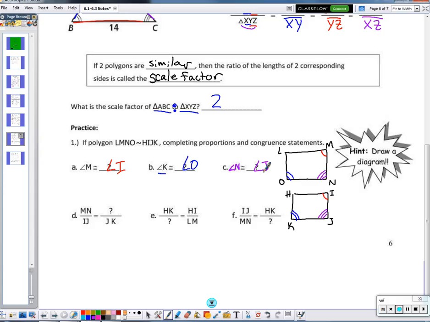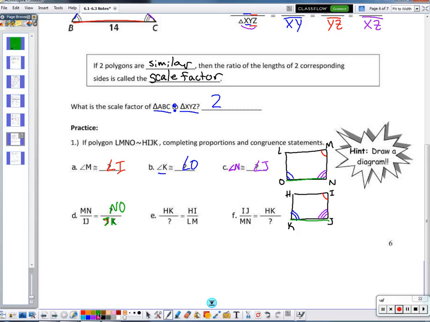But what about the sides? If I look at JK, which side matches on my other figure? NO. Everybody see that relationship that they have? Looking at the similarity statement, couldn't I also do the same thing?